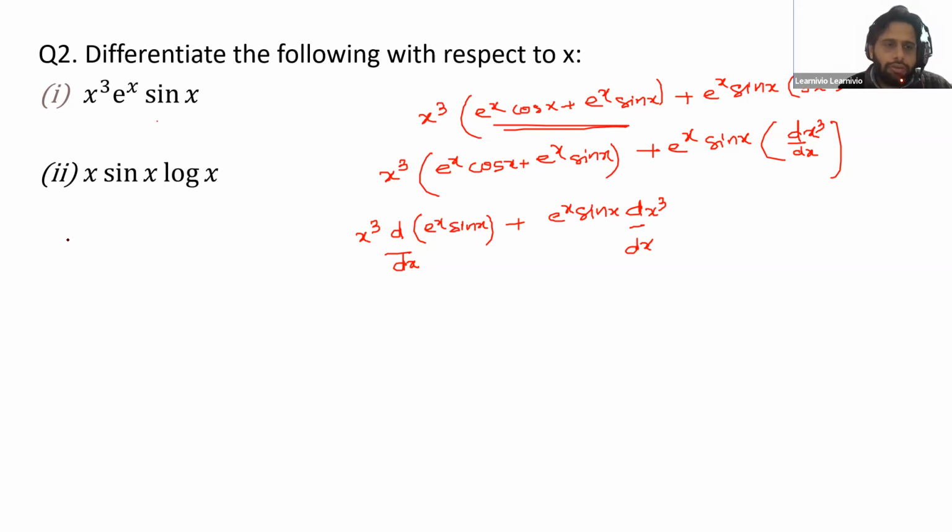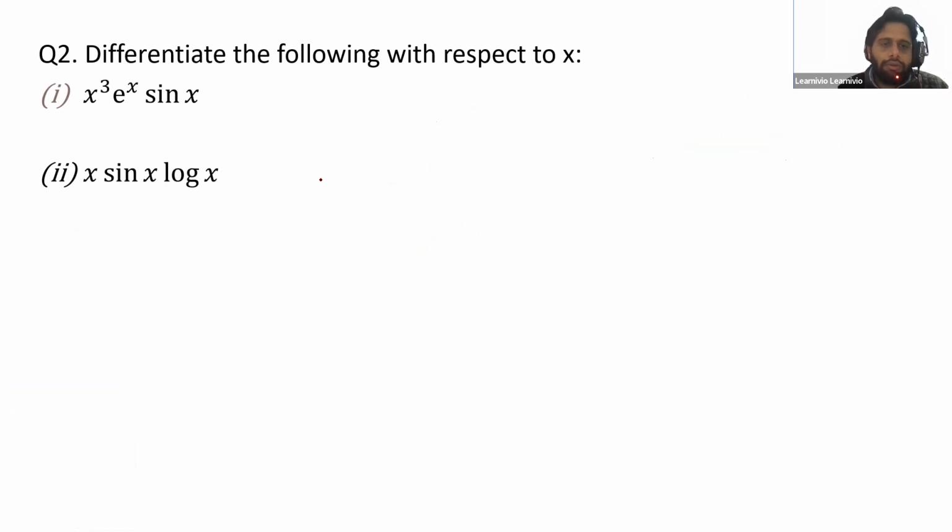Krishna, let me check. So x remains as it is. You are differentiating the next one. So that will give you, for example, sine x by x. Okay, I guess Krishna, you have missed something. Okay, so we will differentiate this one, d/dx of x sine x log x.